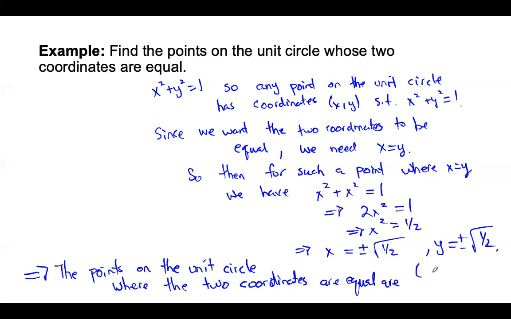So the first one would be square root of 1/2, square root of 1/2, and the other point is the negatives of these.